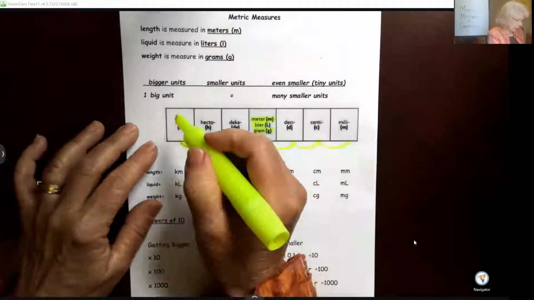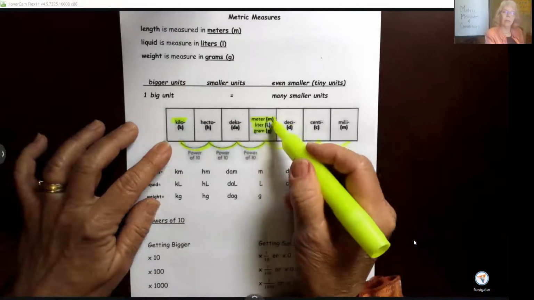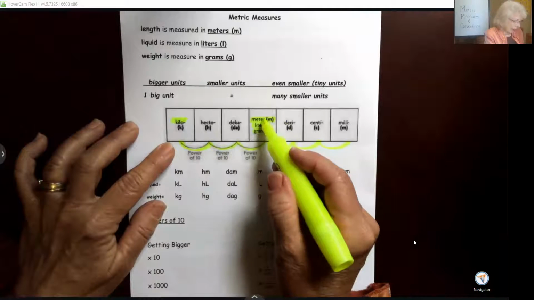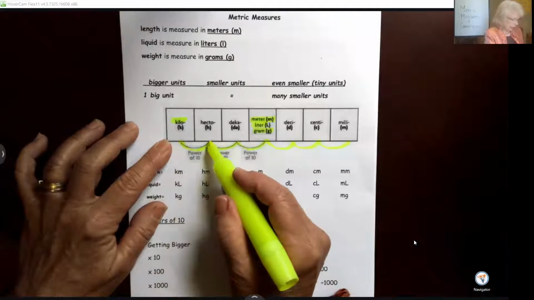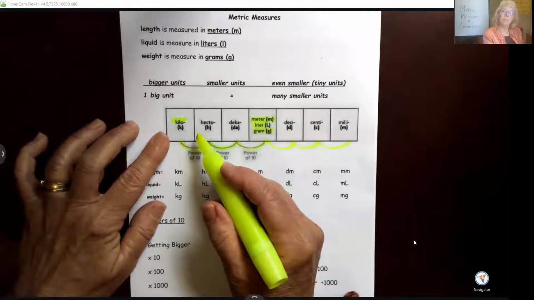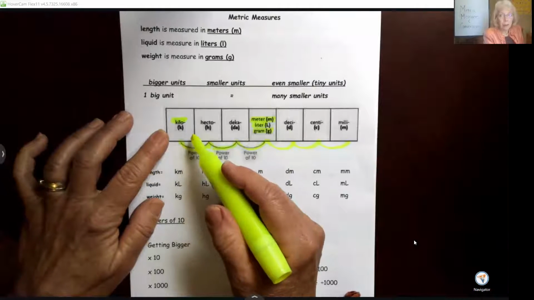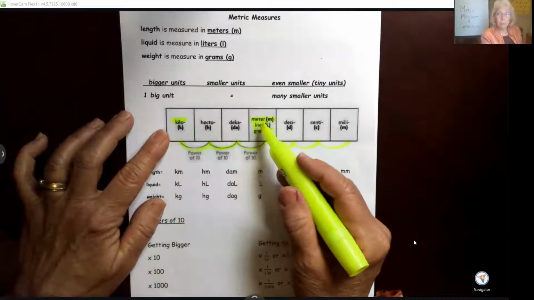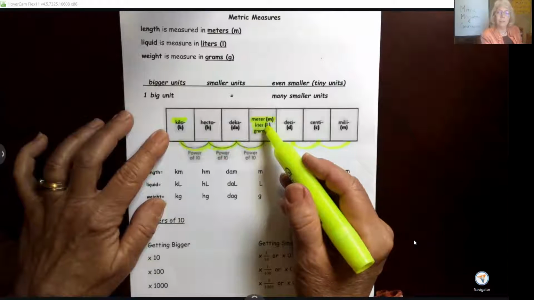So for instance, a kilometer, as you might hear it, is 1,000 meters. 10, 100 times, 1,000 times. So some people talk about kilometers instead of miles. It's a different length, but it's a long length. Meters we might talk about instead of yards. It's a shorter length.